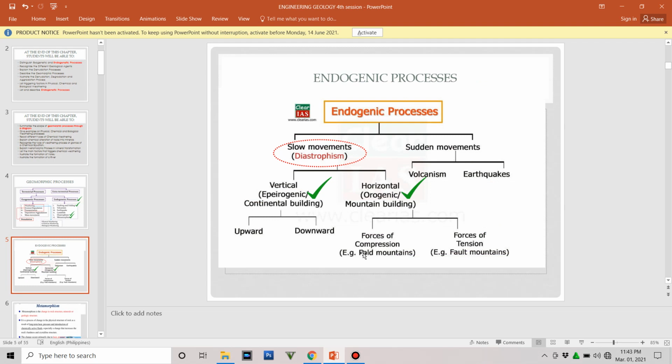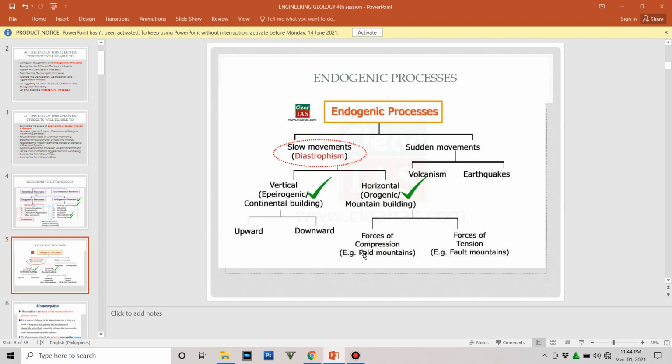So vertical, it is associated with the term epeirogenic, or the formation of continents, wherein the vertical movement, of course, is either upward or downward forces.